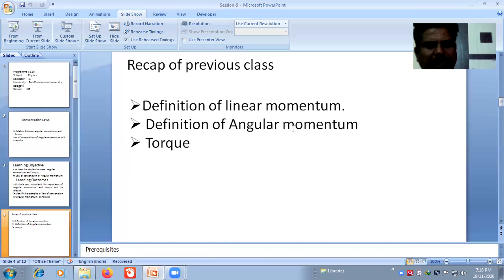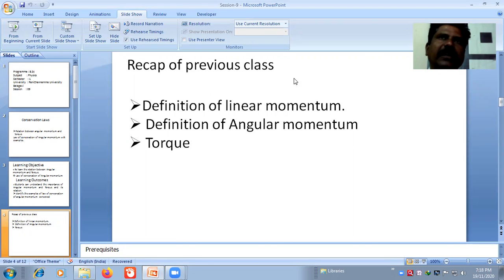Next I have defined torque, which is designated by the symbol tau. It is the time rate of change of angular momentum of a particle about a fixed point, and is known as torque. So we get the expression tau is equal to dJ divided by dt.